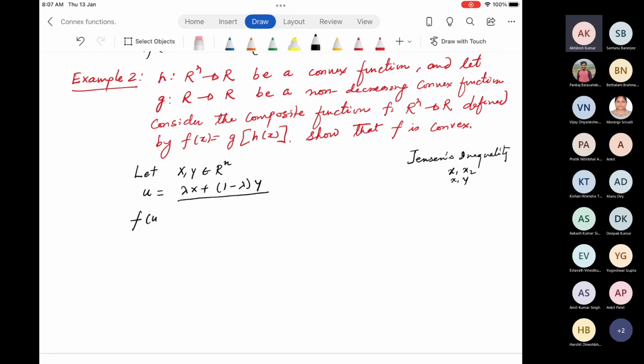So let's write f of u equals g of h(u), and further expand h of u as h of lambda x plus 1 minus lambda y. Good so far? Any questions?